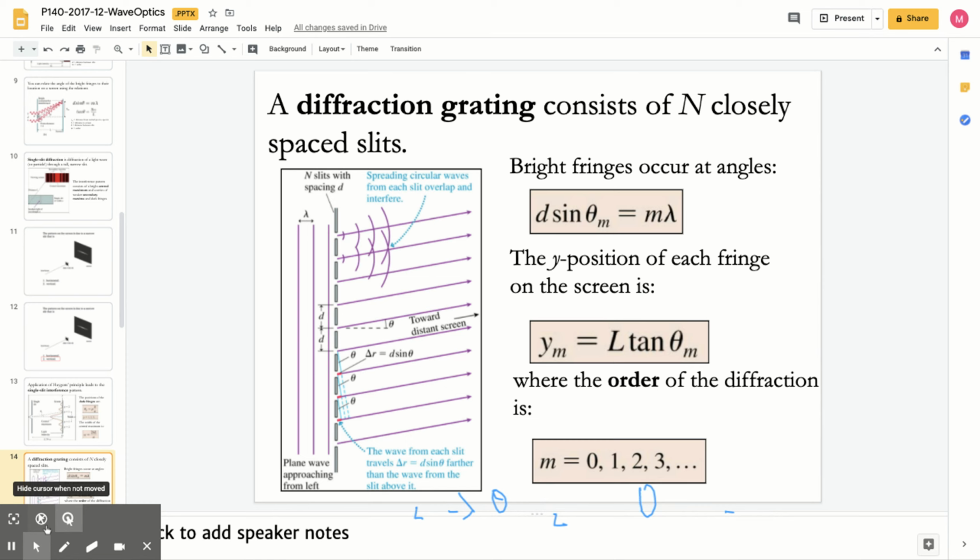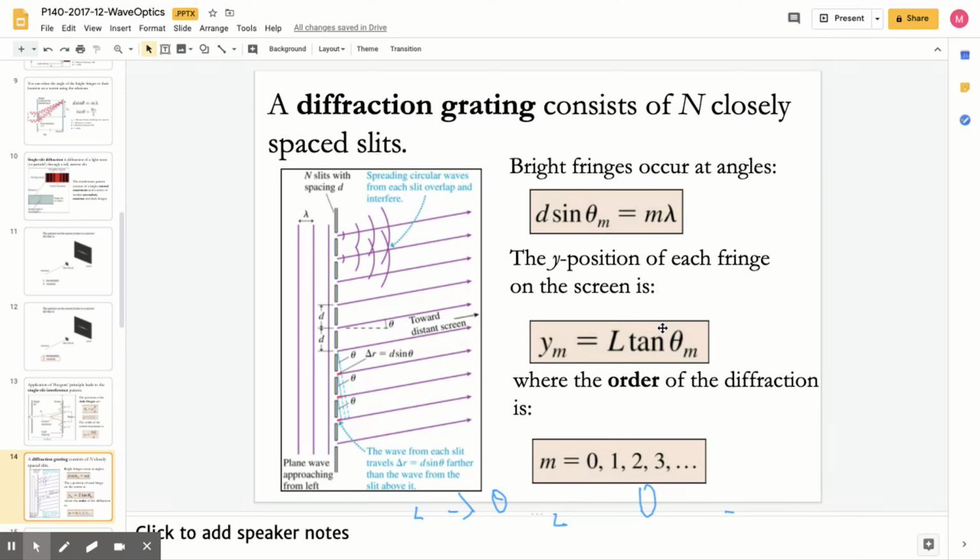We also have a diffraction grating, another diffraction application, and this consists of n closely spaced slits. So we now understand the single slit, we have the Young's double slit, and now we have lots of slits. You can see they're very close together, we have n of them. We get to use the same equation again: the bright fringes occur at d sine theta is equal to m lambda. d is the separation between two slits.